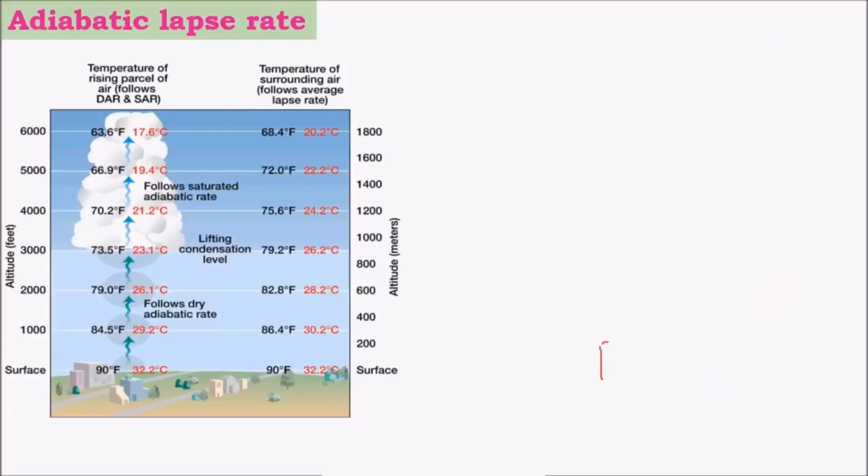So when a parcel of air is moving upwards, what is happening? The pressure on the parcel of air is falling. As a result, its volume is increasing. So this is what we have seen, where pressure and temperature are inversely proportional to volume. So when pressure falls, volume increases.